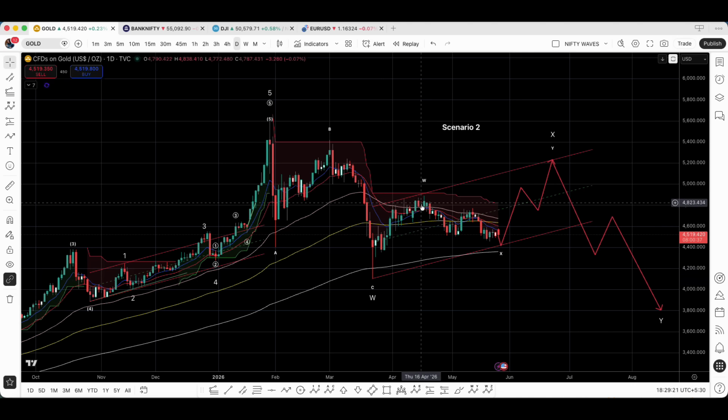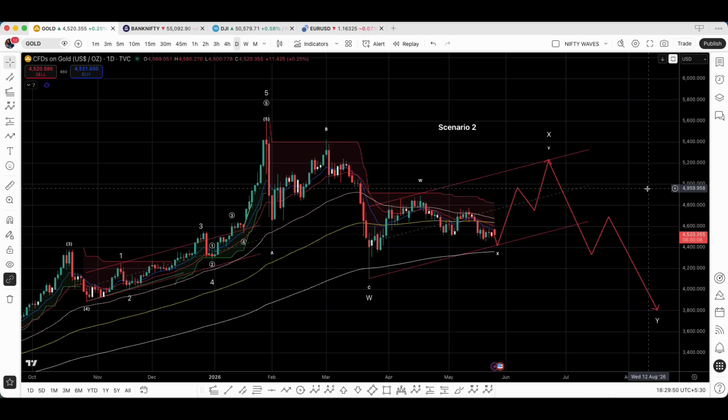Then you've got a WX, which should end here around 4,400 levels, forming a base somewhere here before we go Y. So from the bigger W, we've got another smaller WXY forming wave X. And after this wave X, we've got a final leg of the corrective coming down, forming a bigger wave Y before the next massive impulse is going to start, which is the fifth wave.